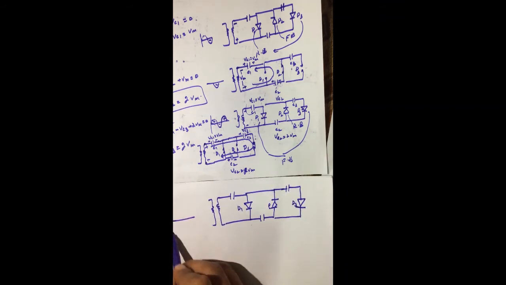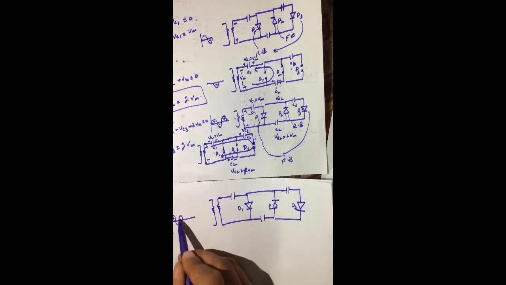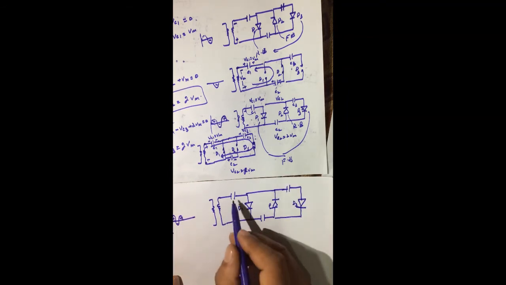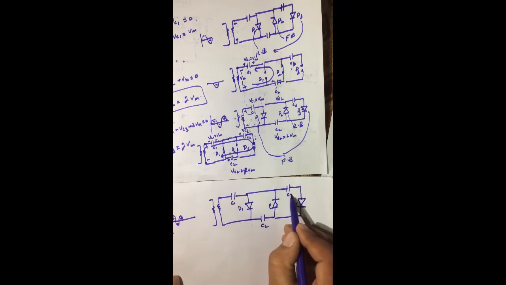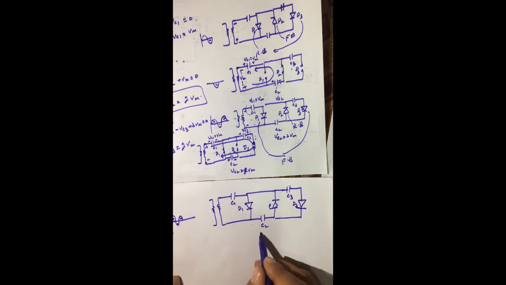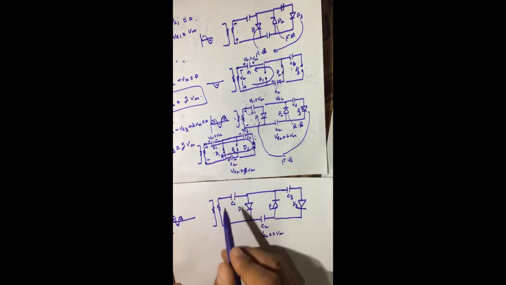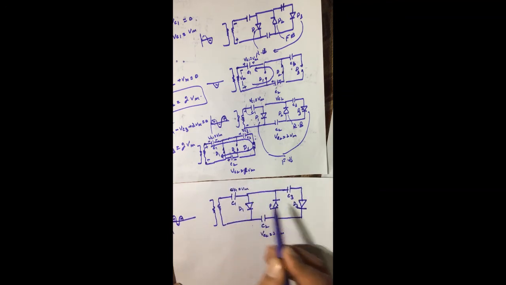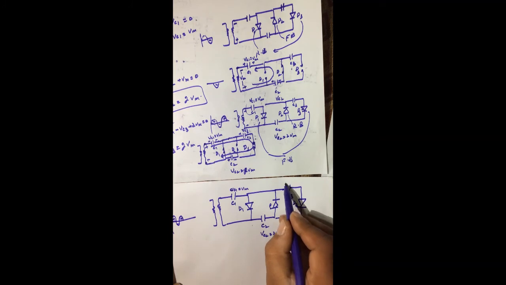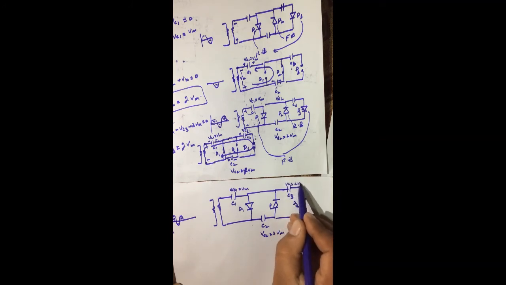So after this cycle, 2 positive and 1 negative, C1 is fully charged, C2 is also fully charged, and C3 also fully charged. The voltage across this capacitor Vc2 is 2Vm. The voltage across this capacitor Vc1 is Vm, and the voltage across this capacitor Vc3 is Vm.